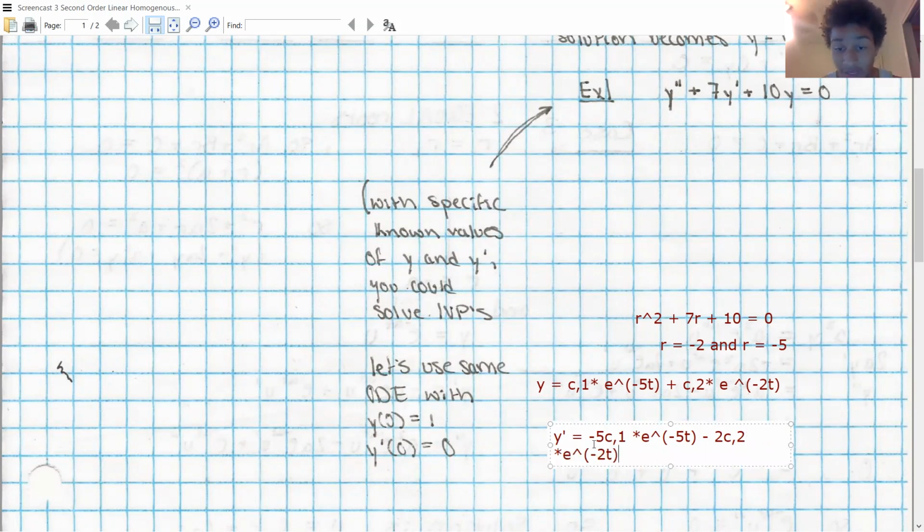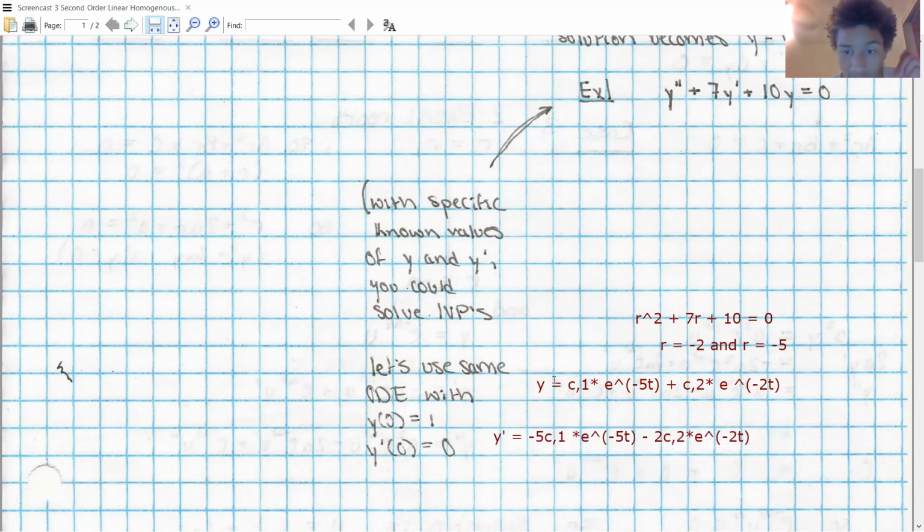Okay, so from here, we can plug in these values. We have t equal to 0 for both of these, so we know that the exponential parts are going to be equal to 1. So for y of 0, we'll have 1 is equal to c sub 1 plus c sub 2.